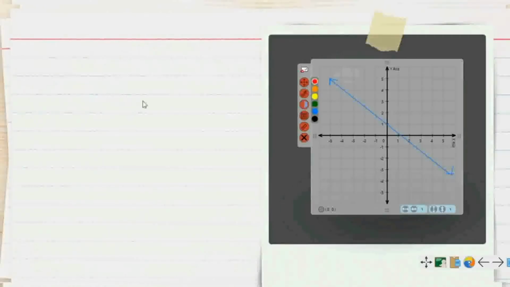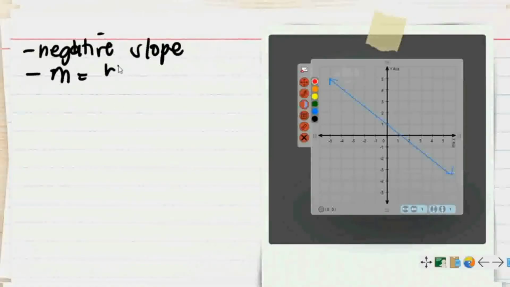So, let's find the slope of this blue line. So, this blue line is what? Is a negative slope. Kung mapansin nyo, going down yung line, pababa. And yung kanyang slope, m rise over run.